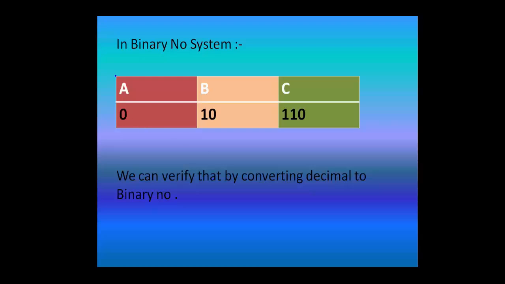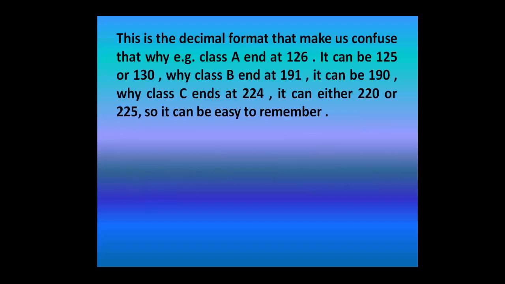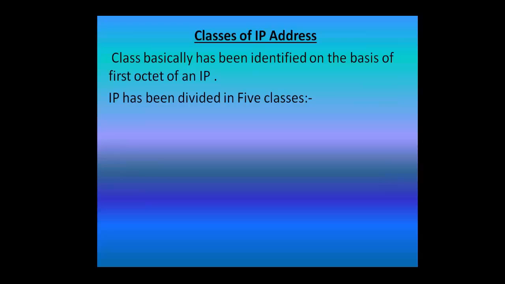If the first bit of the first octet is 0, you can say it's an A class. If the first 2 bits of any IP in binary are 10, it is a B class. And C class IP series always start with 110. You can practice it, you can check it.